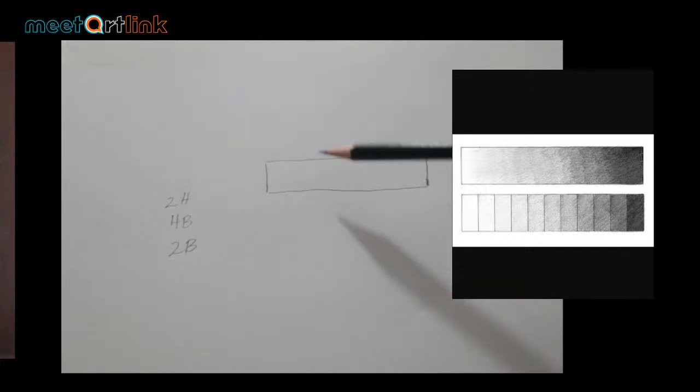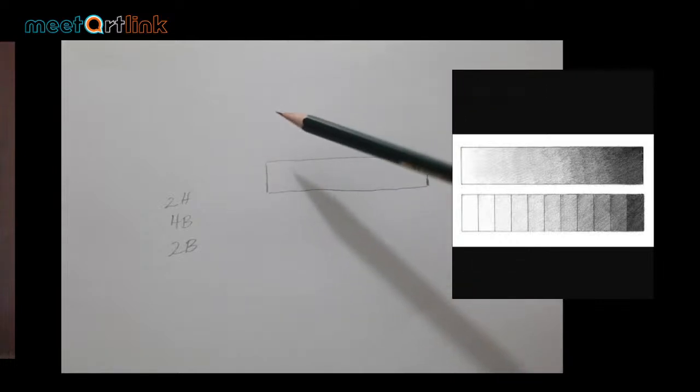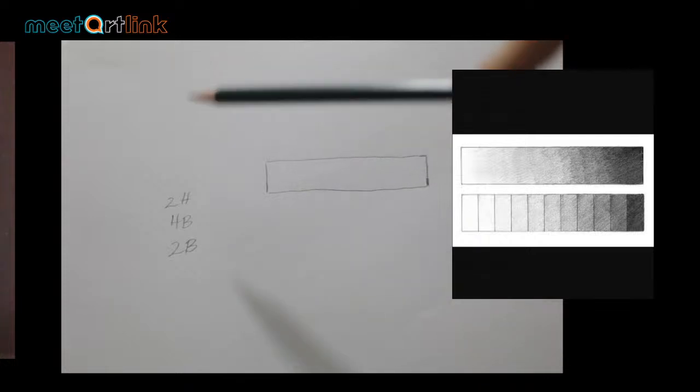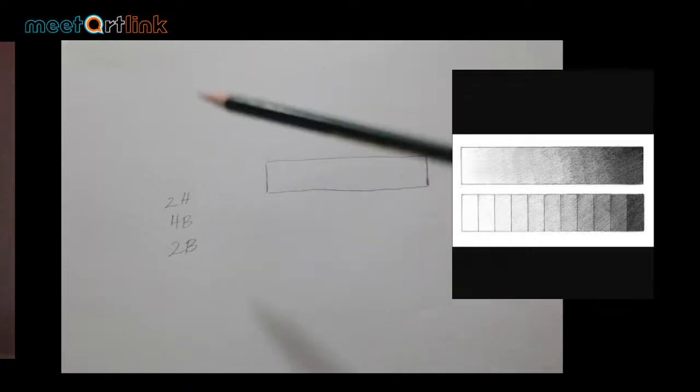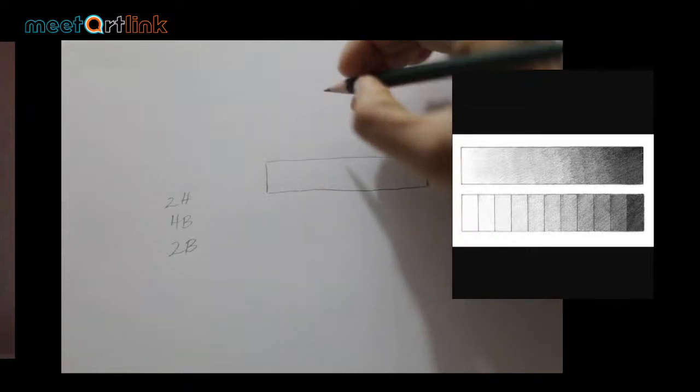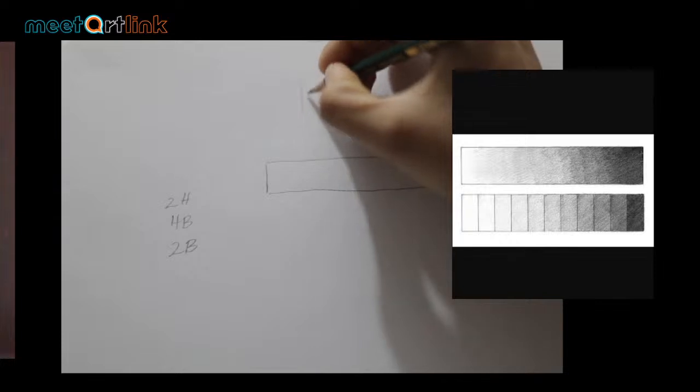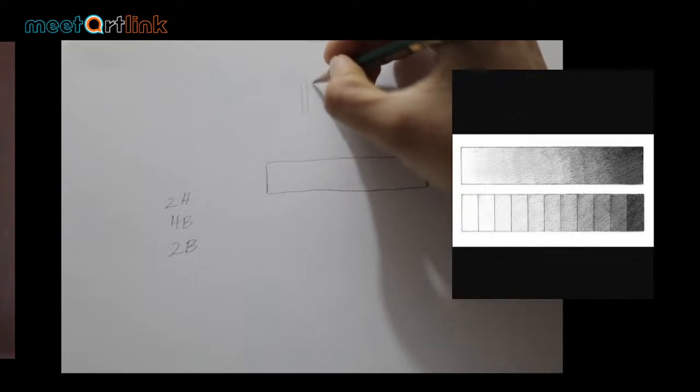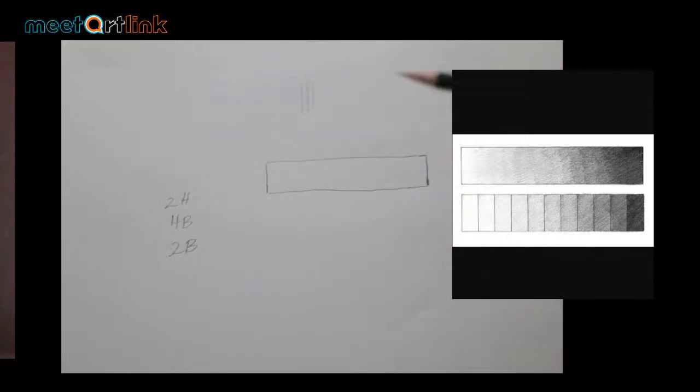We have different ways to work with the pencils. When you're trying to do shading, you wanna grab it a little bit on an angle. When we're drawing lines, we're gonna do it in a more straight way. But if I want to do shading, I can grab it like this and start shading in this way.